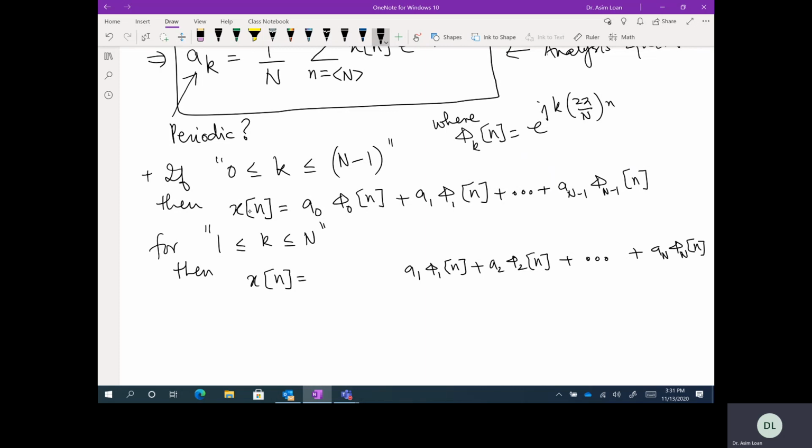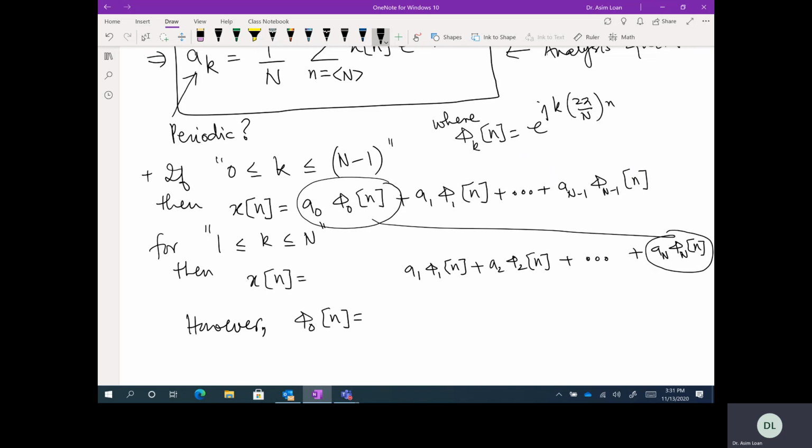But this x of n is equal to this x of n. All these are the same, so the only difference is this one and this one, but phi n n and phi 0 n are the same. However, phi 0 n is the same as phi n. This implies a0 equals an.